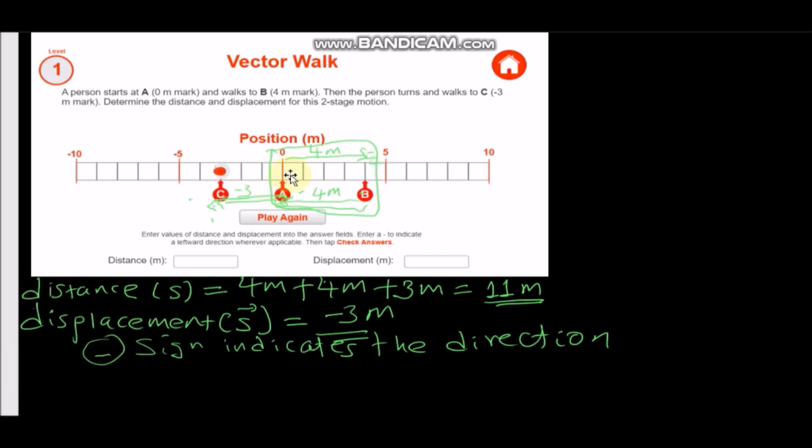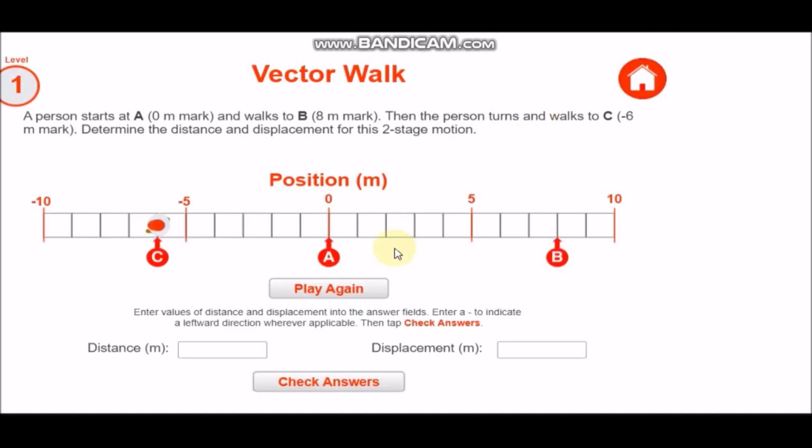Let me give you one homework, write down the answer on the comment section. Okay, let me show you. Look at this motion. A person starts at A and walks to B 8 meter, then the person turns and walks to C minus 6 meter.